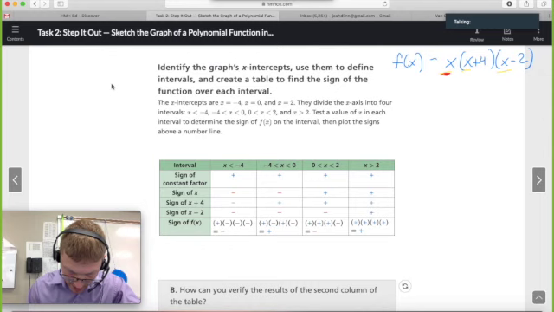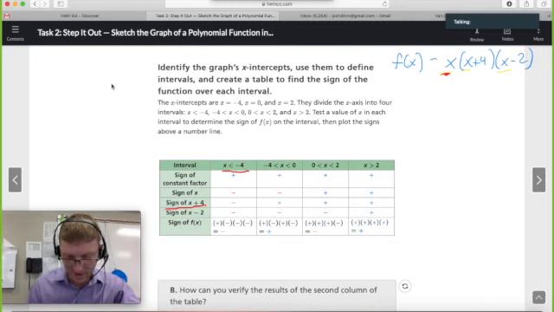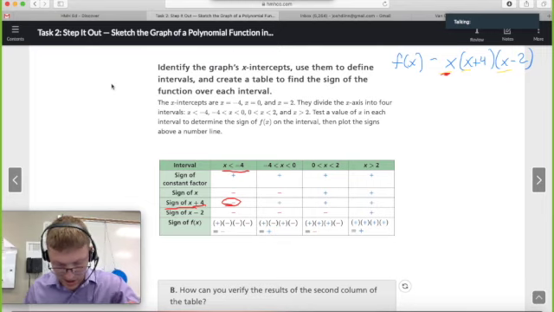Now we have the sign of x plus 4. If x is less than negative 4, let's say negative 5, what sign would this be? It would be, as they put, negative. If it was negative 4 to 0, and I'm just picking values, let's try negative 3.